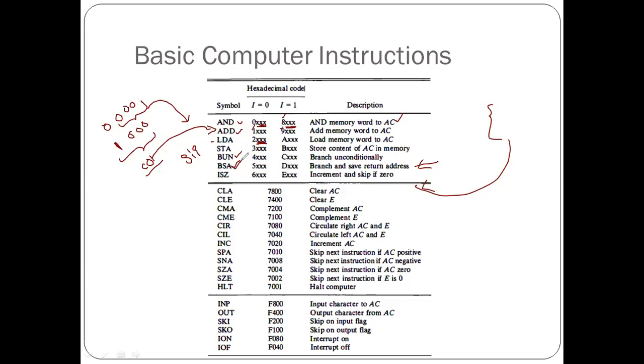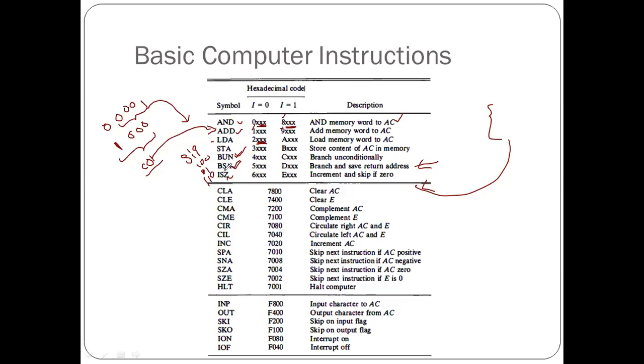This is similar to calling a function, whereas the other is similar to implementing a jump. And then increment and skip if 0. This is another control transfer instruction.